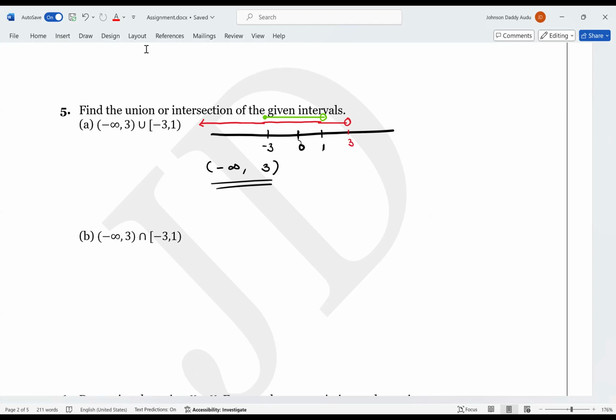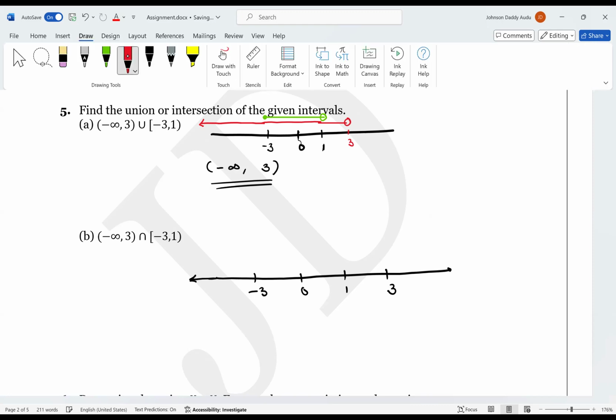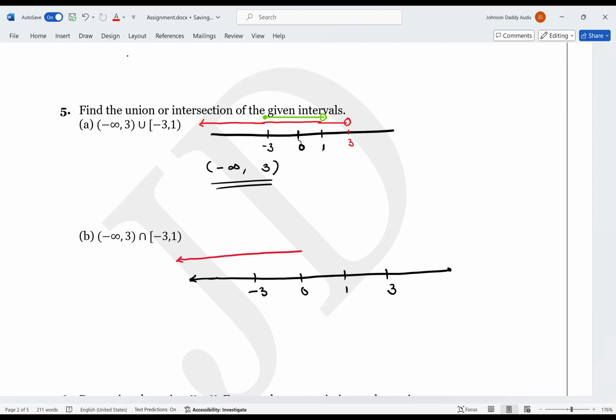Then let's go for intersection. Now the same question, but now we are interested in the what? The intersection. So let's see how this would differ. So we have minus 3 as well. Here is also 0, here is 1, and here is 3. So the first set is coming from where? Minus infinity up to 3 open.